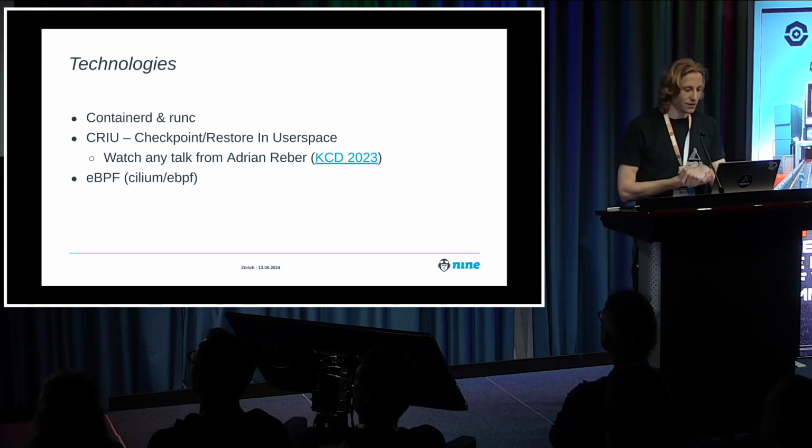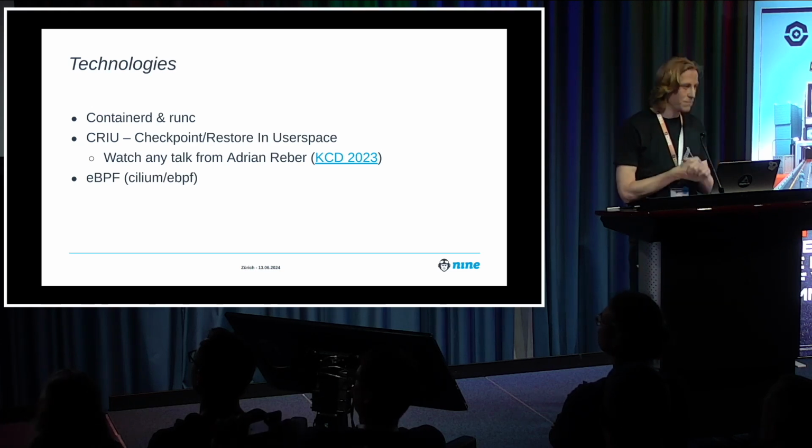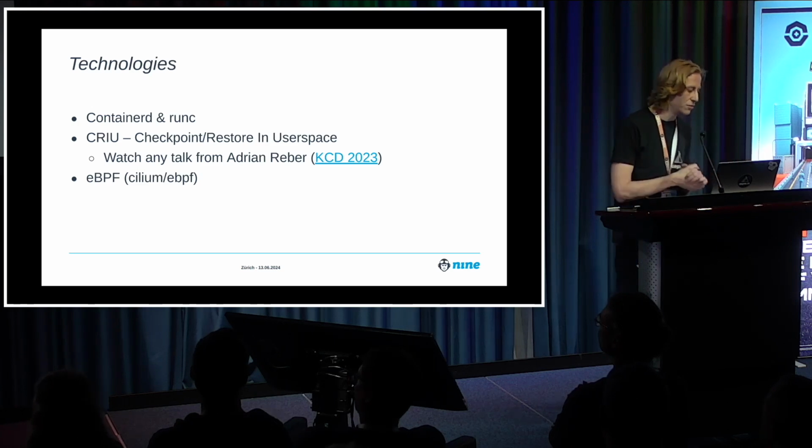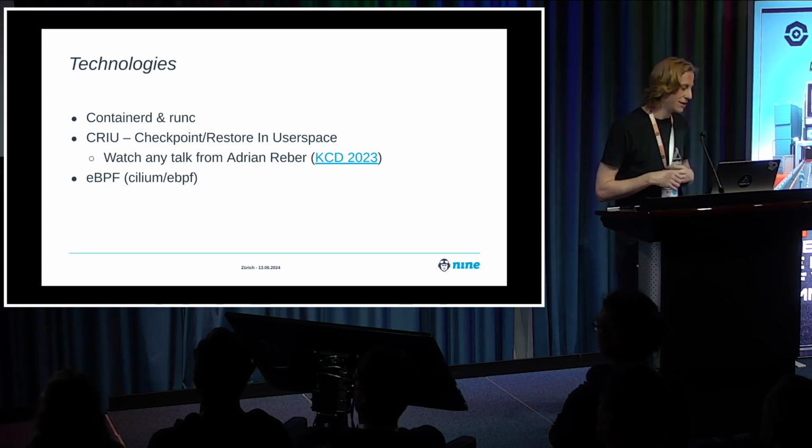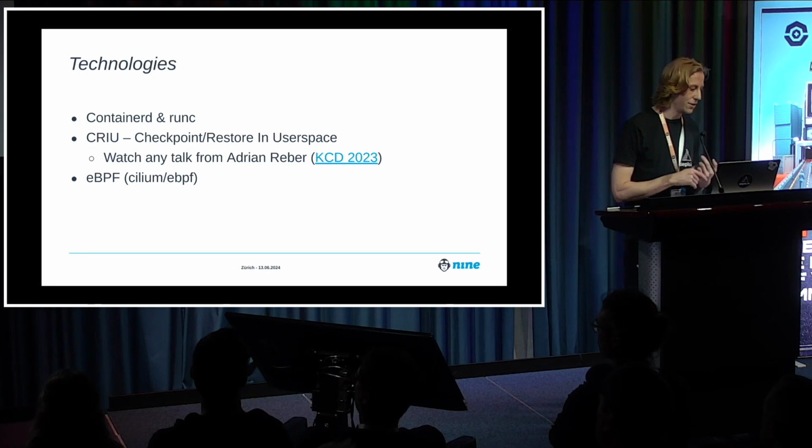It's built into runc actually, so I didn't have to implement any of that. I just had to build the CRIU binary and put it in the right place, because that's not usually shipped with Kubernetes clusters. And watch any talk by Adrian Reber. I think he was here last year. He did a talk about this tool, and there are some interesting things going on there.